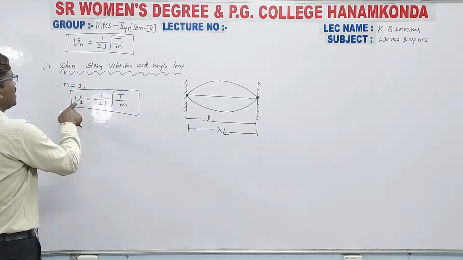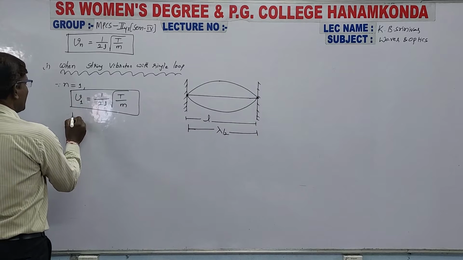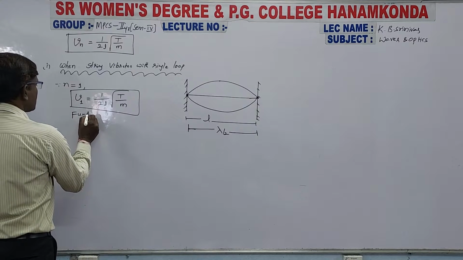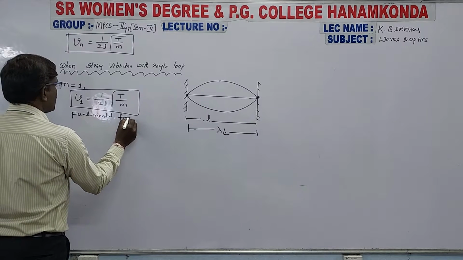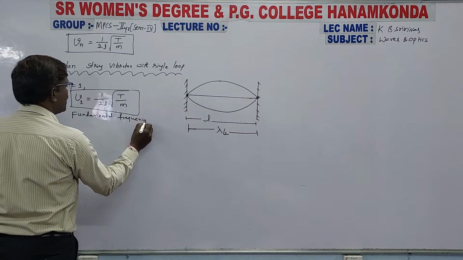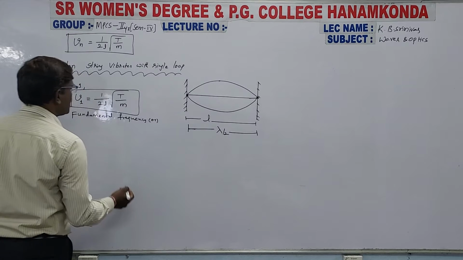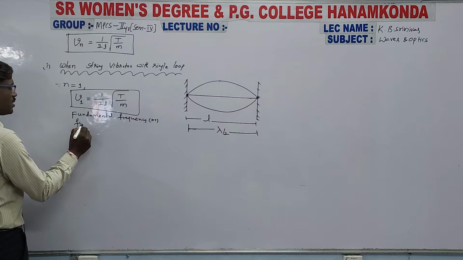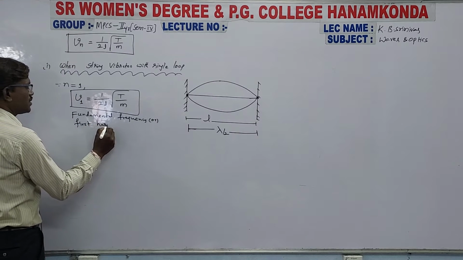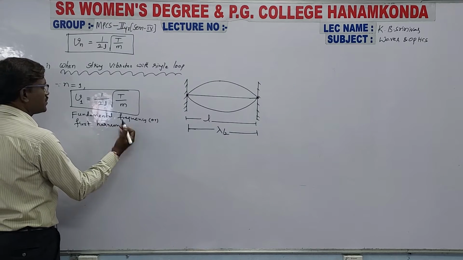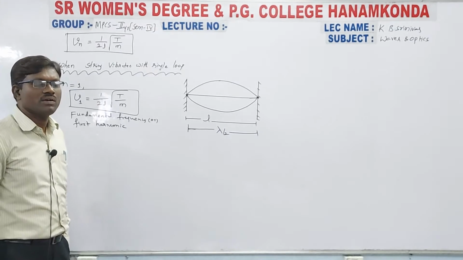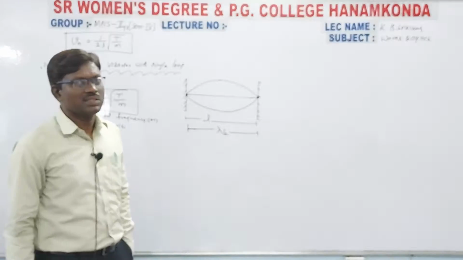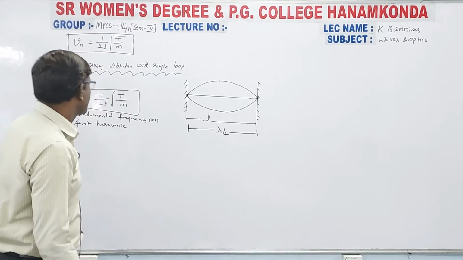This frequency is known as what? Fundamental frequency, or there is another name for this frequency, that is first harmonic. This is about the frequency of the wire vibrating with a single segment or single loop.